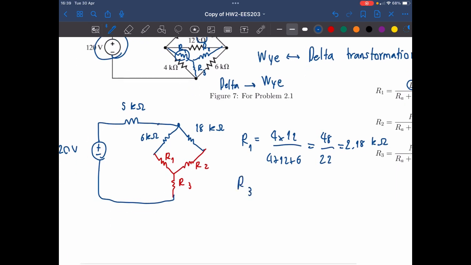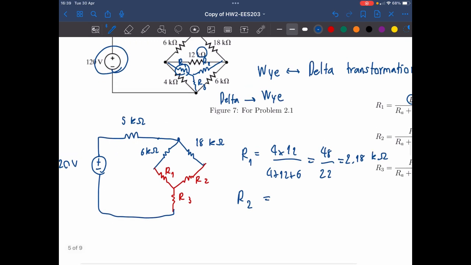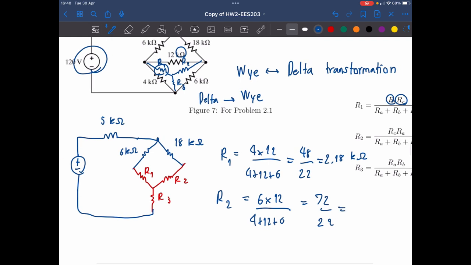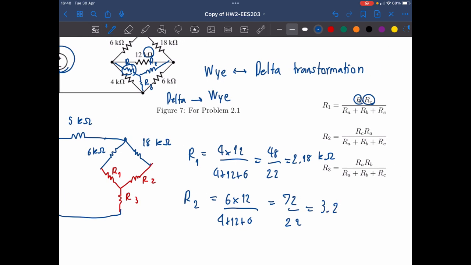And let's find R2 and R3 as well. For the R2 part, we have 6 times 12 divided by the total sum. What do we get? 72 divided by 22, and the result is 3.27 kilo ohms.